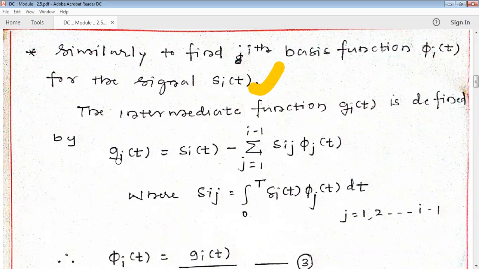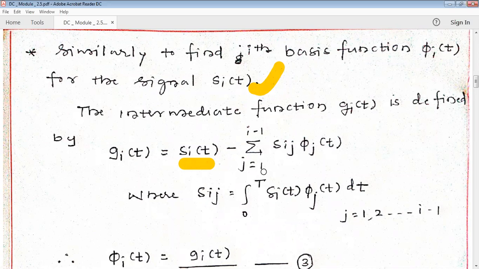It is expressed as g_i of t is equal to S_i of t, that is the ith signal, minus the sum of the products of the coefficients and the previous basis functions, where j is equal to 1 to i minus 1, and i is equal to 1 to m, S_ij multiplied by phi_j of t.